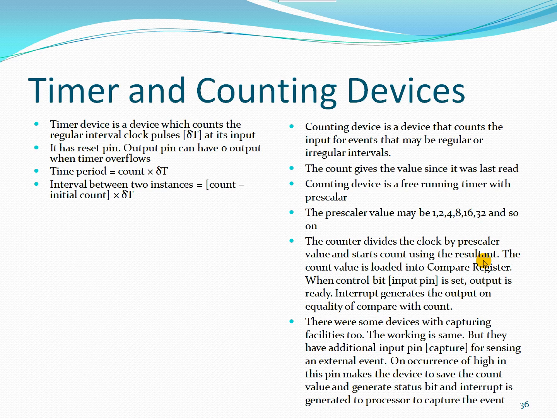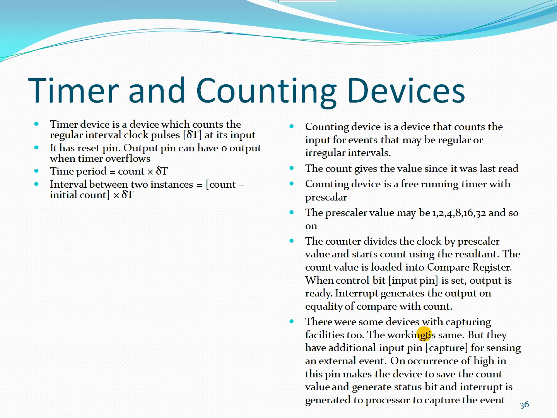So most of the DSP processors which come under the category of real-time processing, like the TMS320 C4X, 3X or 2X type of processors, come under the real-time processing applications. Those kinds of DSP processors have these compare registers, and they also have capture registers. So using those capture facilities is one of the main applications of the counting devices.